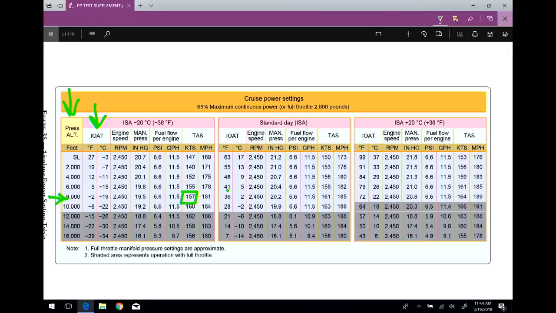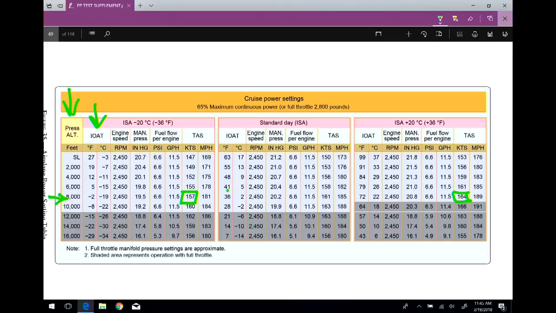We're going to wind up with a true airspeed of about 157. And if it's warmer than standard, we're going to wind up with something here about 164. Okay?